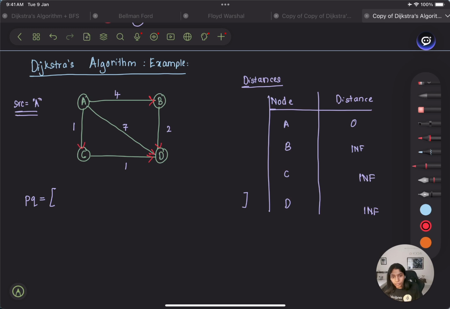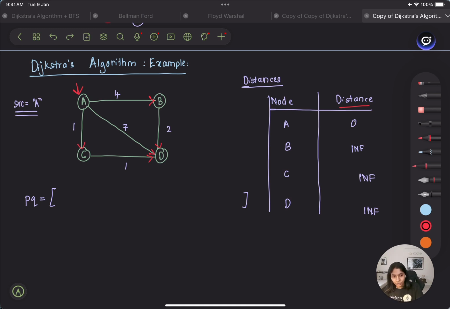The first thing I do is initialize a priority queue, and we have to have a source. In this case, A is our source, and we're going to keep a distances array. Here we're mentioning nodes as letters, but it would essentially be numbers, so distances would represent each of those nodes.